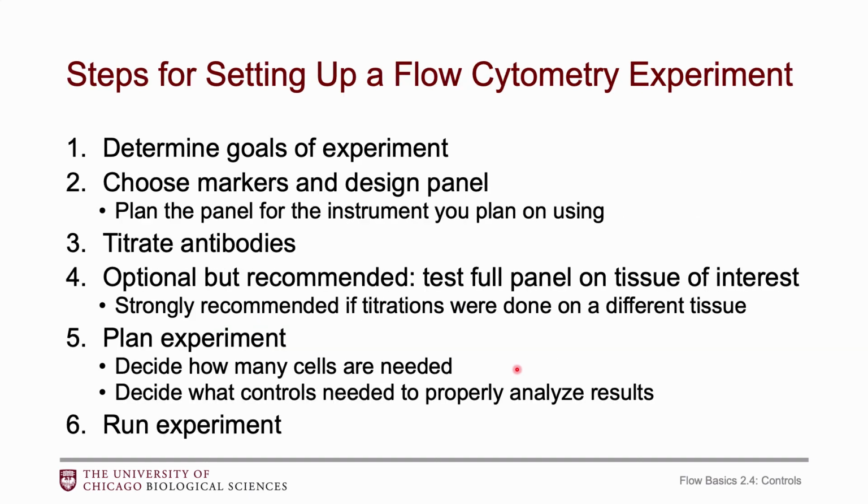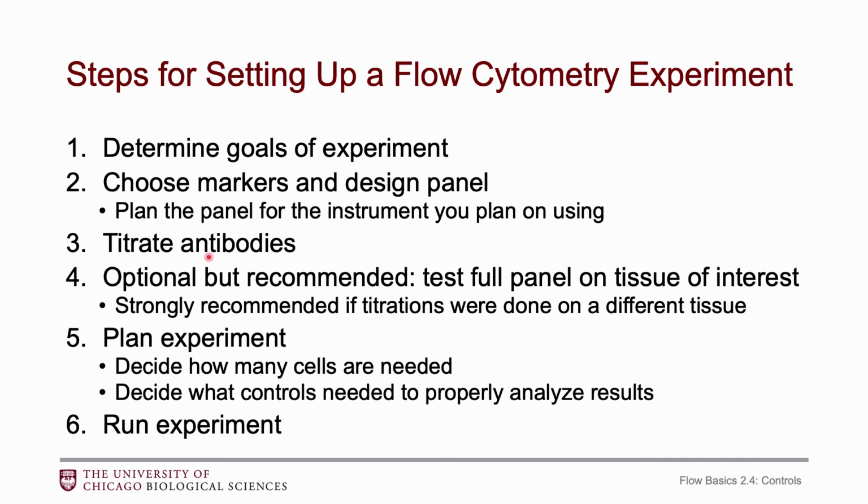So to summarize the last 4 videos, the steps to set up your experiment. You're going to want to determine the goals of your experiment and keep those in mind through all of those steps. Those are going to help you choose your markers, design your panel. Remember that you need to figure out which instrument you're running on, plan your panel for the instrument.